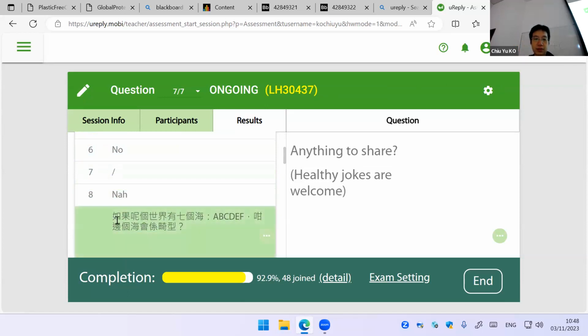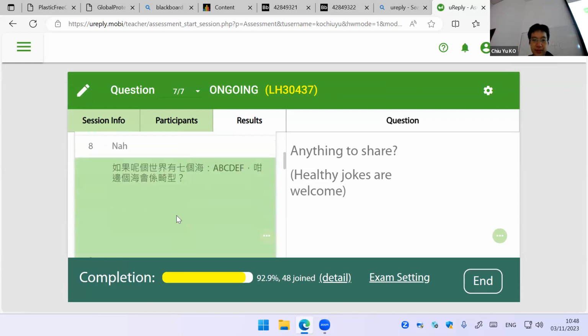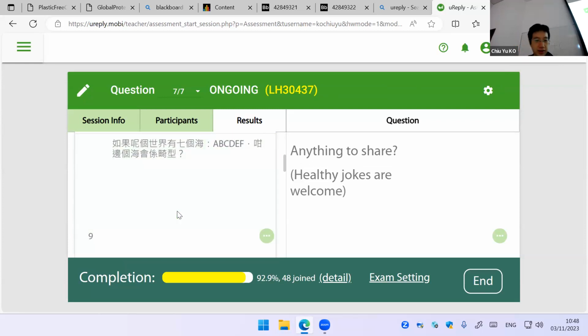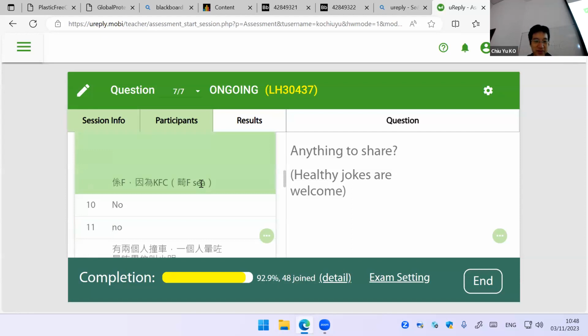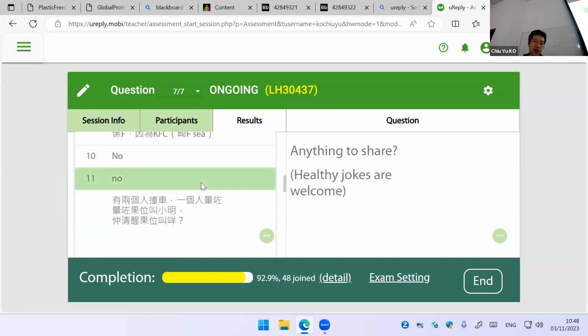So now we have 7 C's, A, B, C, D, E, F. So which C will be where we are? Okay, let's see. So there's KFC. Okay, that's fun. So there are two persons, the cars collide with each other.